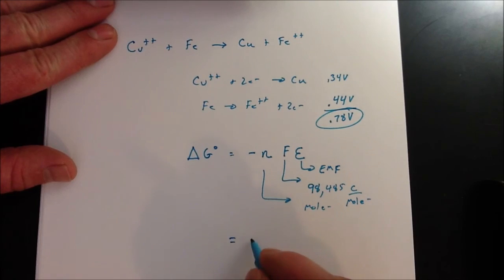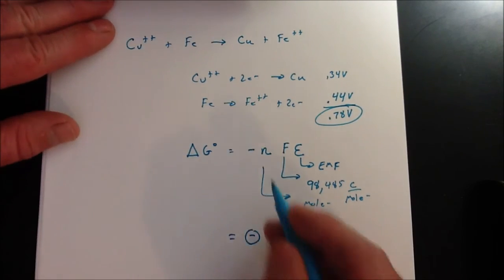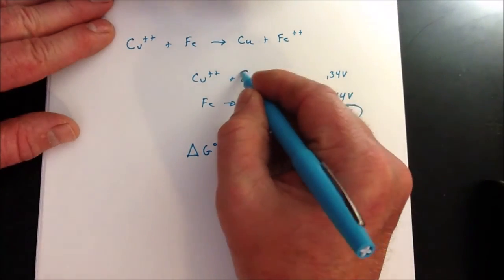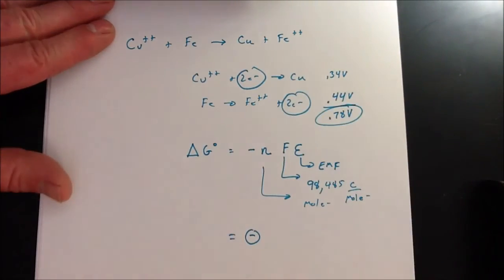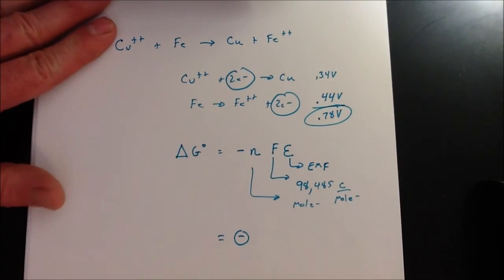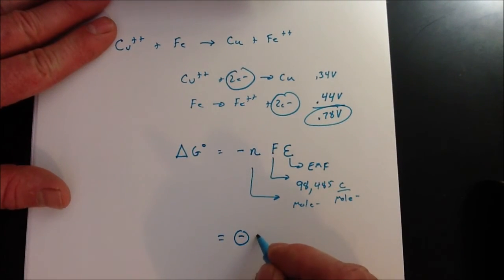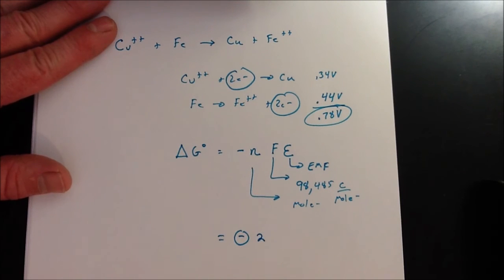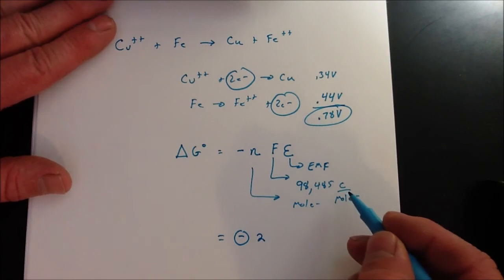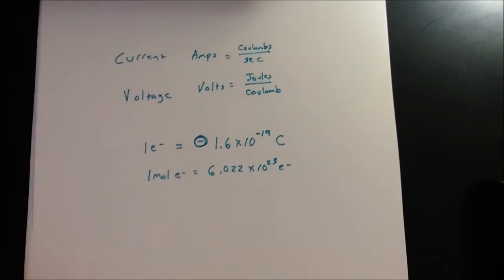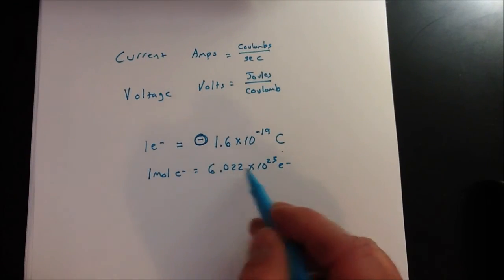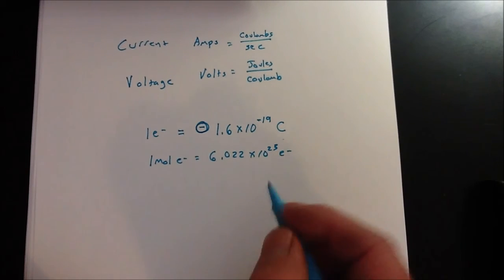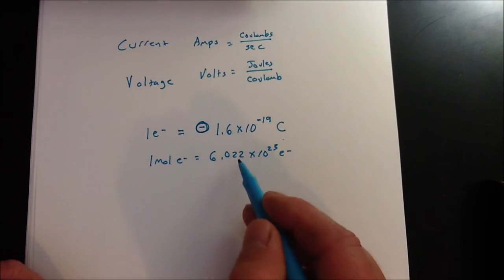So delta G equals negative, we'll start there, N, moles of electrons. When we balance those half reactions, that's part of the reason why we have to be able to do that. We need those moles of electrons, and there are 2 in this particular reaction. Faraday's constant is the coulomb to mole ratio. A little while ago, I gave you the coulomb to electron and the electron to mole ratio, and we can actually combine these, and that's what Michael Faraday did.